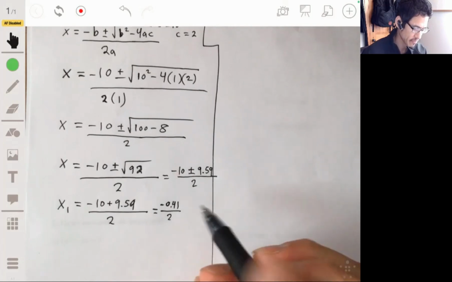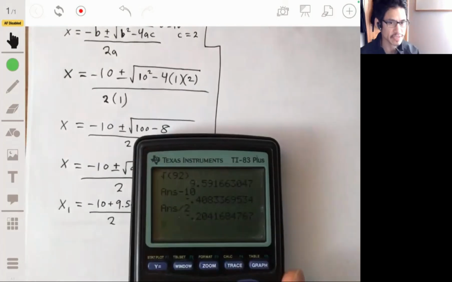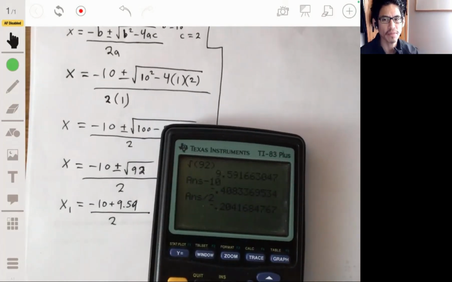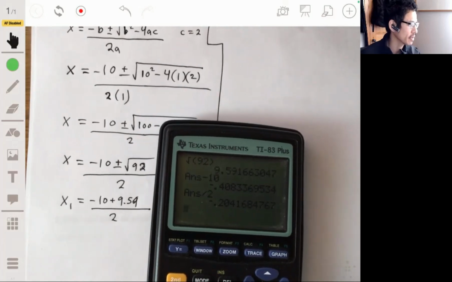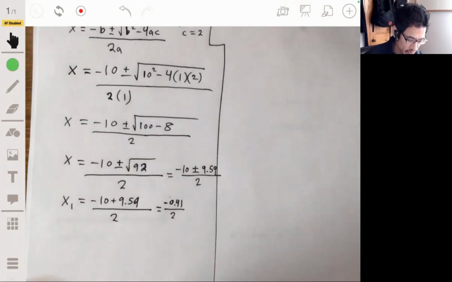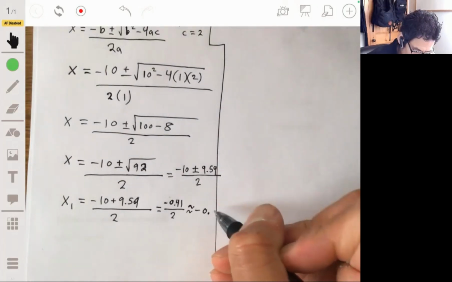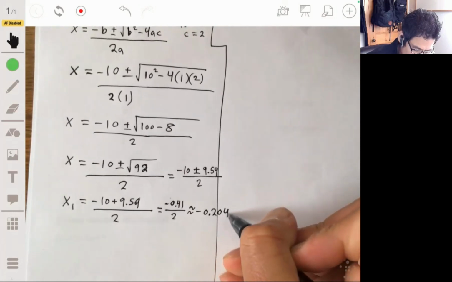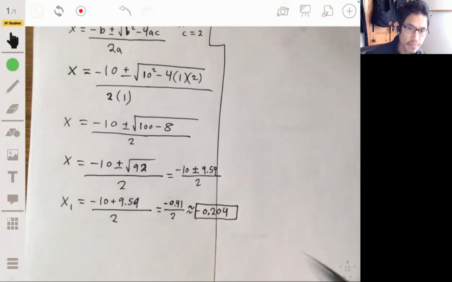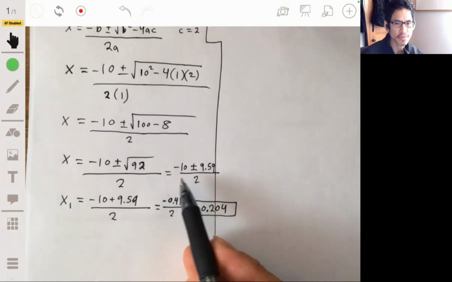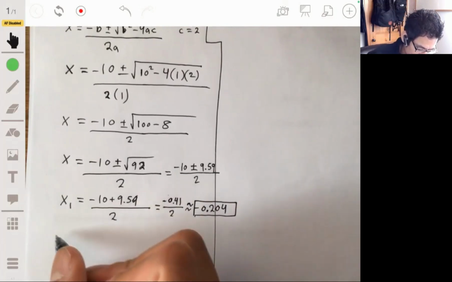Which will be about negative, I did the more precise calculation in the calculator, and we'll get about negative 0.204. That's one of them. And for the other, we just subtract the 9.59 from negative 10.